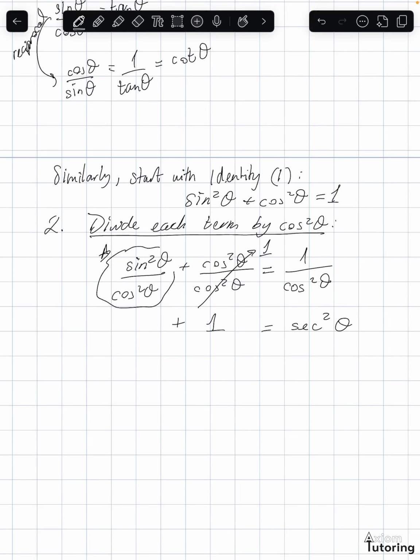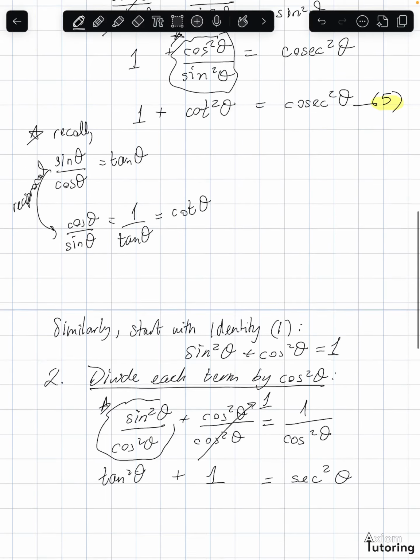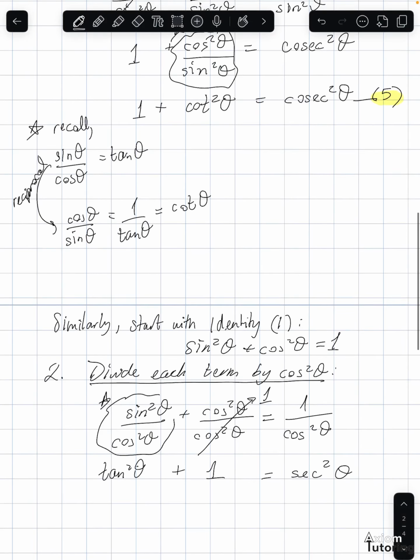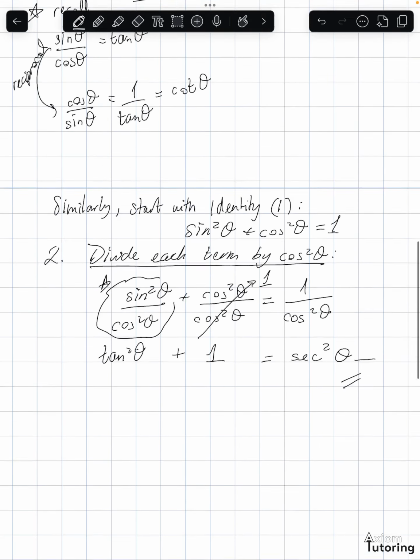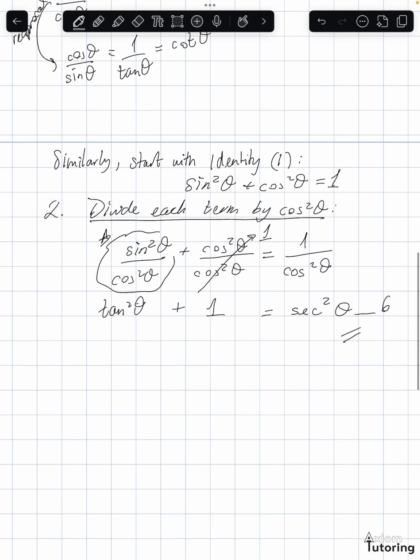If we square sine theta and cos theta and have sine squared theta over cos squared theta, that's the same as tan squared theta because of the definition that we looked at before. Okay, so we have our final identity here, tan squared theta plus 1 equals sec squared theta, and we'll label that as identity 6.